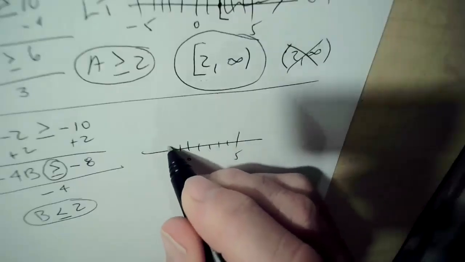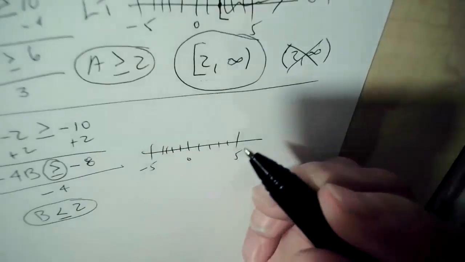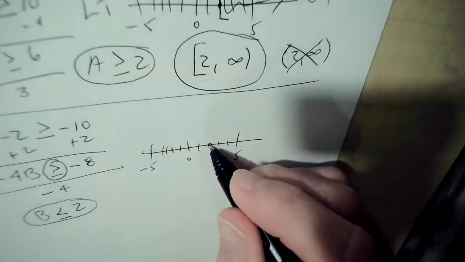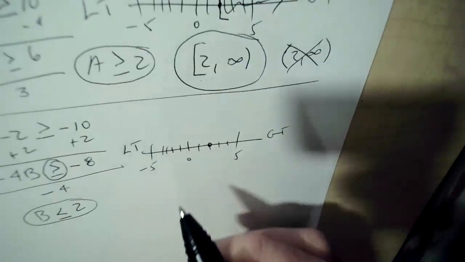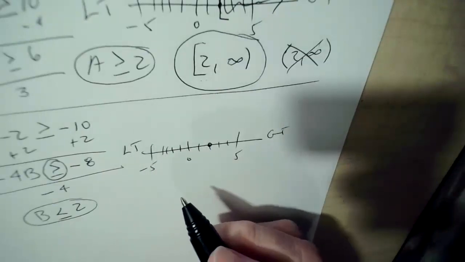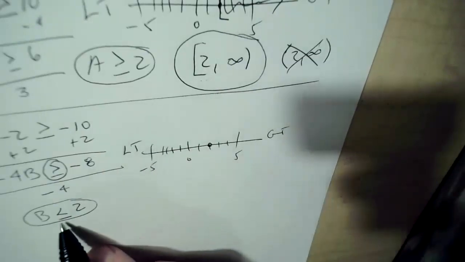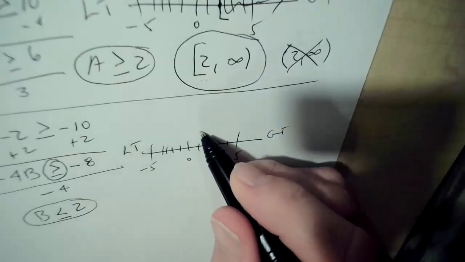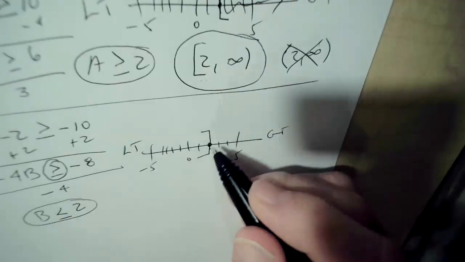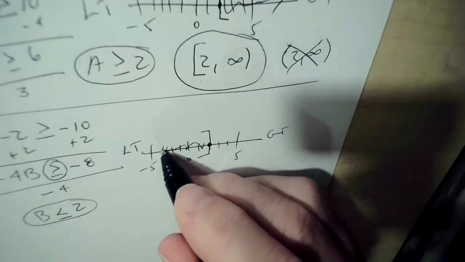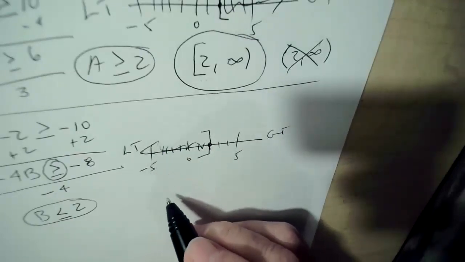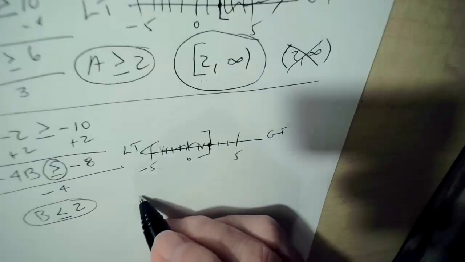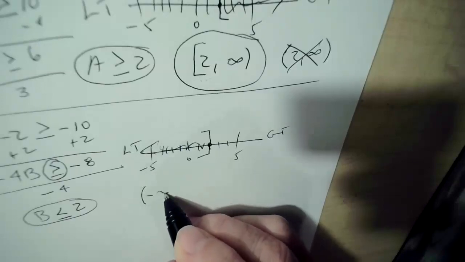Again, let's draw a number line here. 1, 2, 3, 4, 5, and negative 1, 2, 3, 4, 5. 2 is right here, and we're going less than. So it's going to be a bracket because it includes the number 2, and going that way.